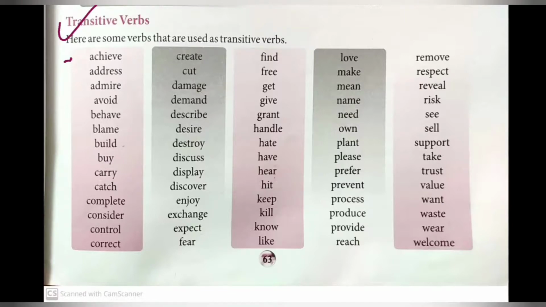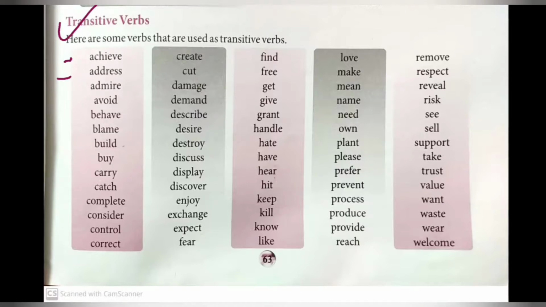Second one is address. The teacher addressed the students. So here students are acting as the object. The teacher addressed me.